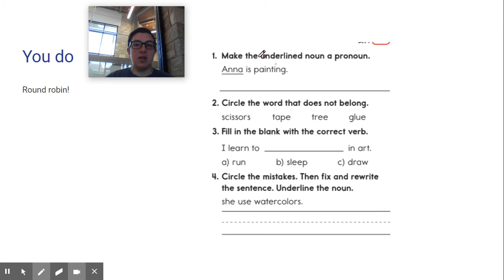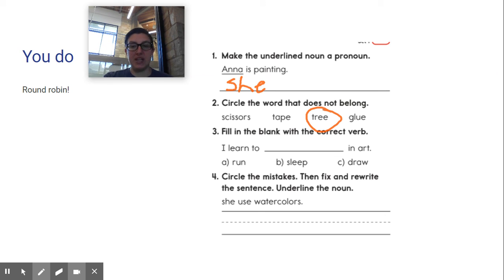Okay, so make the underlined noun a pronoun, so it should be she is painting. Circle the word that does not belong. So I need to think scissors, tape, tree, glue. Okay, scissors, tape, and glue are all words that are like things that I can find in a classroom. Tree is not.